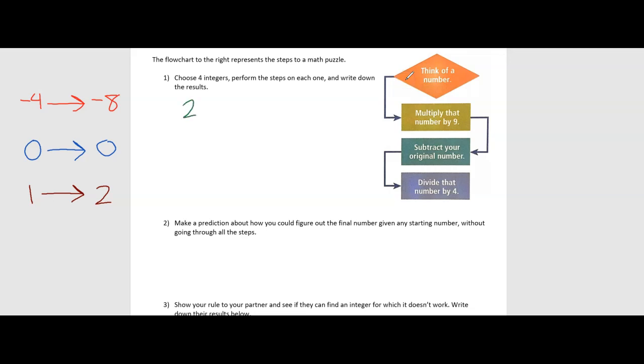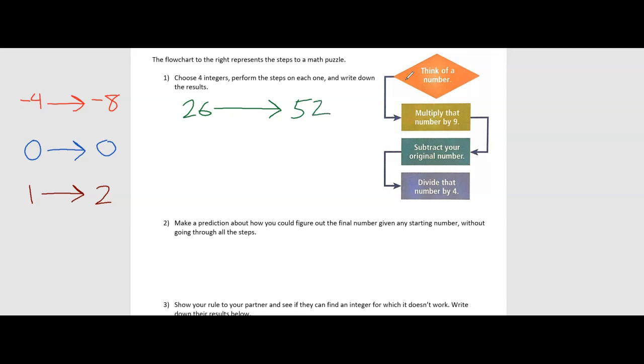Let's do 26. Multiply 26 by 9, that gives me 234. Subtract 26 from 234, that gives me 208. If I divide 208 by 4, that gives me 52.